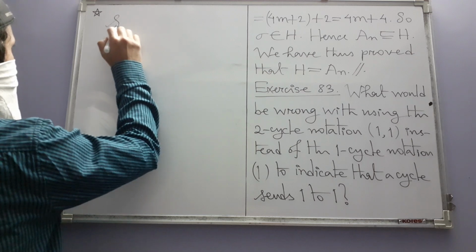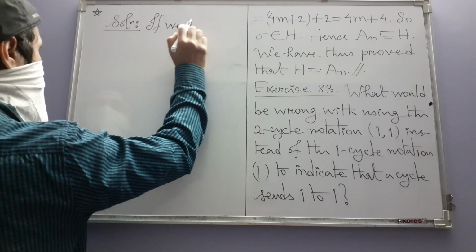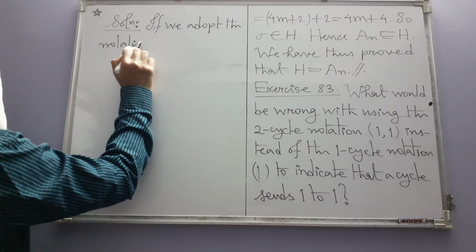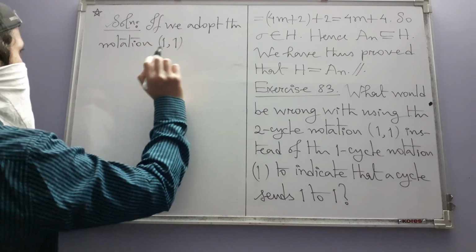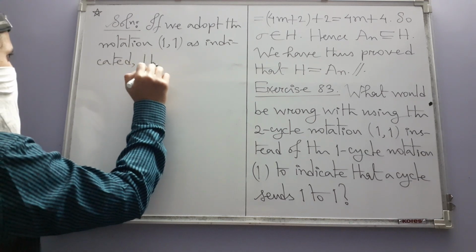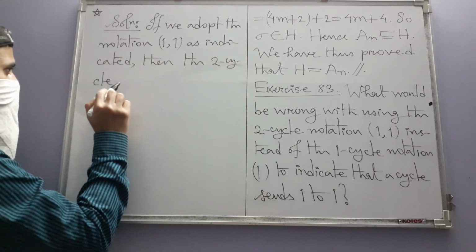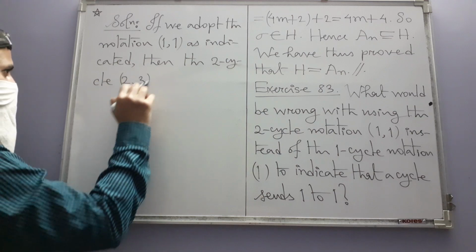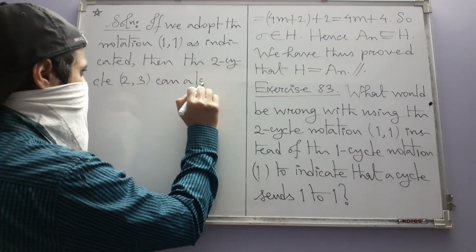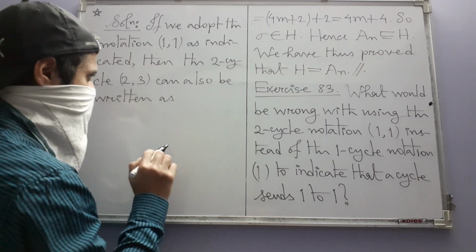That's because if we adopt the notation as indicated, then the 2 cycle, say (2 3), in fact any ordinary 2 cycle where the symbols are distinct, can also be written as this.